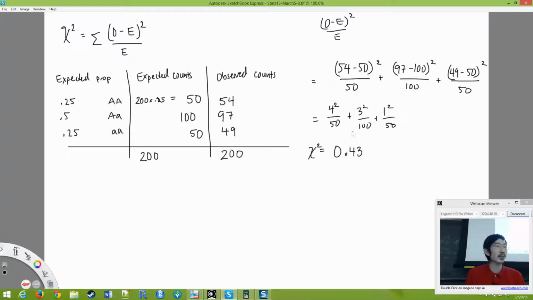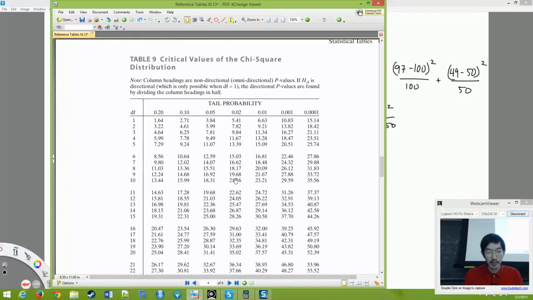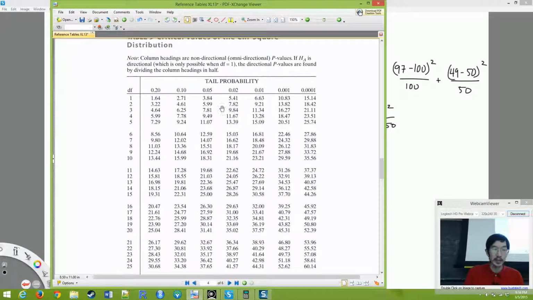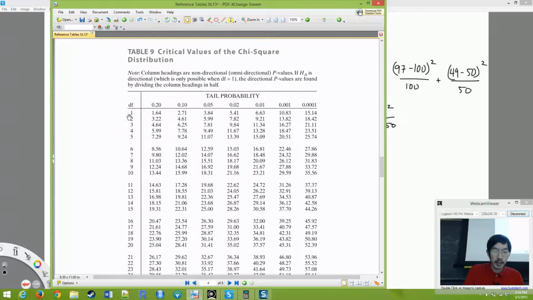Is that okay? So far so good with everyone? Alright, so just like everything else, once you have a test statistic, we're going to go to the reference table. I'm sorry, when we go to the table, we need the degrees of freedom, okay?